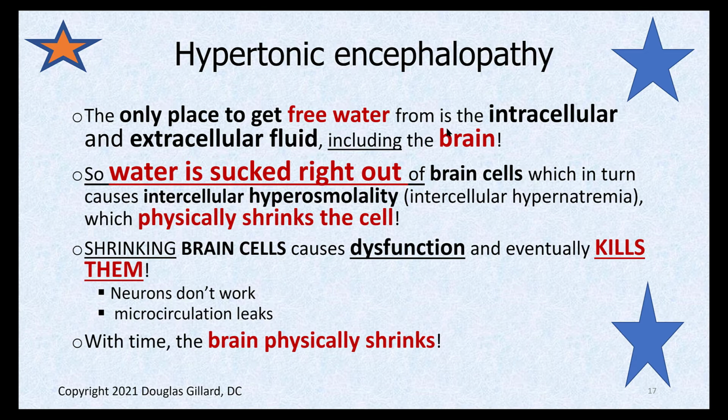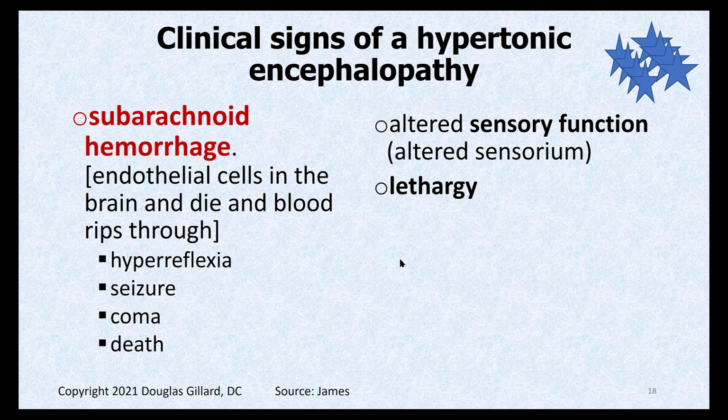This is not the greatest way to do it, but it will do it. It'll suck water out of the interstitial fluid around the brain cells, and out of the brain cells themselves. They physically shrink, and they die, and they cause all sorts of dysfunction as they die. The brain can literally shrink in size because of this.